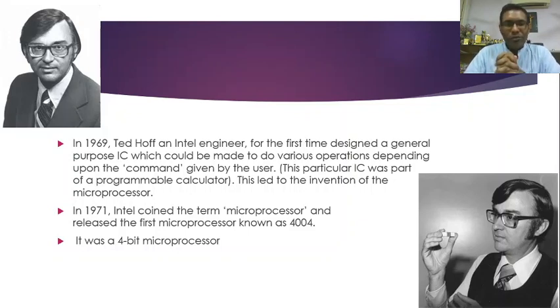The background for this was a contract which Intel got from a Japanese company to design a programmable calculator. Now the design necessitated 12 different ICs. But this engineer, instead of using 12 different ICs, used only one IC to do the 12 different functions based on the input given by the user. And this was the precursor to the microprocessor.